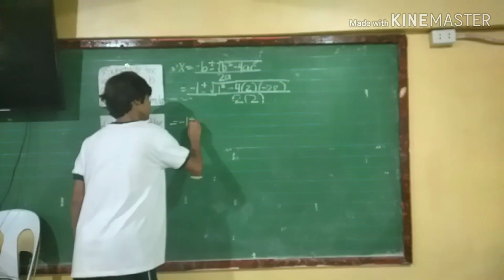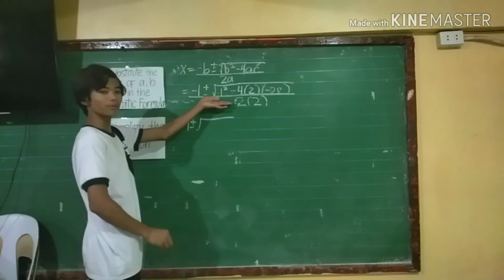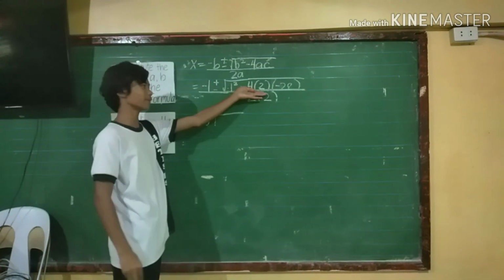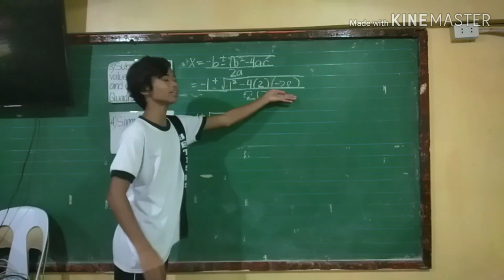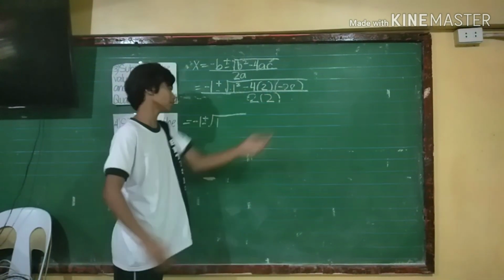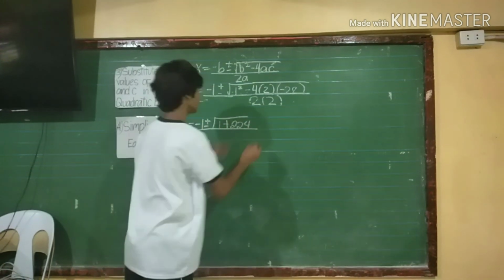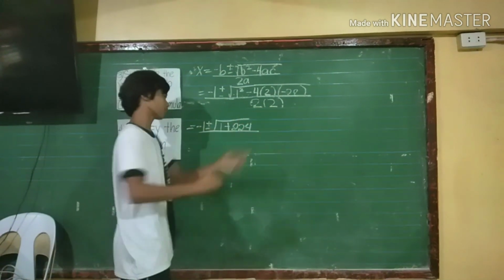Negative 1 plus minus square root of 1 multiplied by itself is 1. Then negative 4 multiplied by 2 equals negative 8. Then negative 8 multiplied by negative 28 equals positive 224. Then 2 multiplied by 2 equals 4.